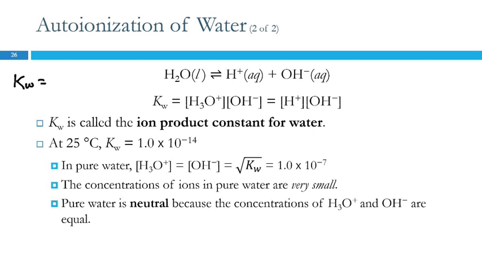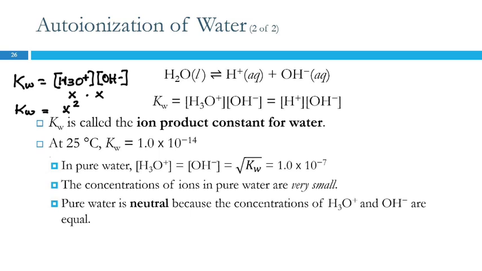KW equals H3O plus times OH minus. If these are equal to each other, we could call them X. X times X, KW would be equal to X squared. And so these concentrations are equal to the square root of the equilibrium constant, which is 1 times 10 to the minus 7.